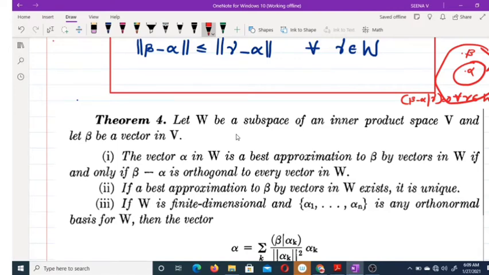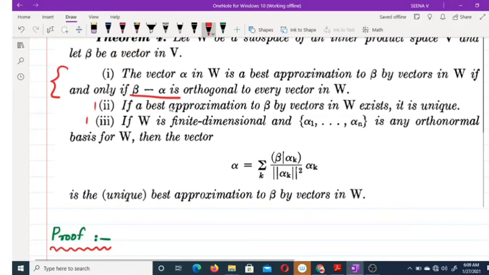Clear? And we will use this result for proving the other two results. Also, we are using this throughout this section.